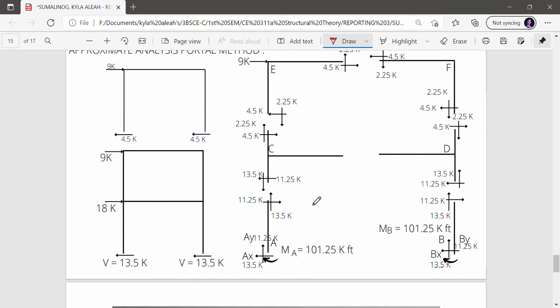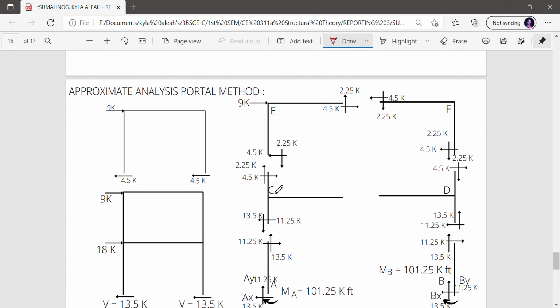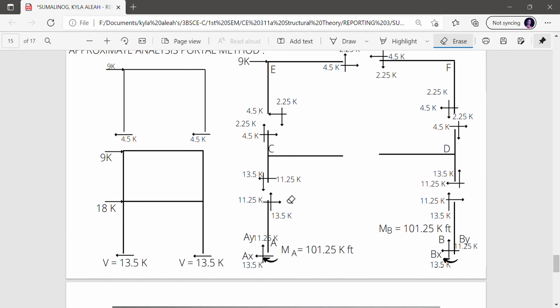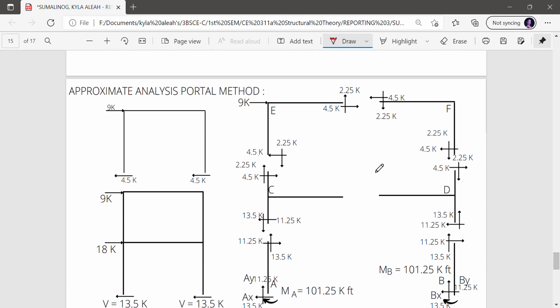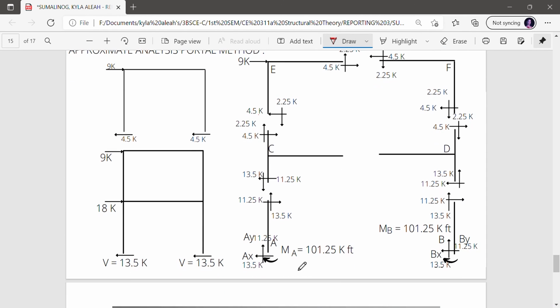Using the same process, 4.5 in here divided by 2, we get 2.25. We have 13.5k starting at this point and we got all its values, and also the moment at A on the fixed support, that will be 101.25 kip-feet, and the moment at B is 101.25 kip-feet.